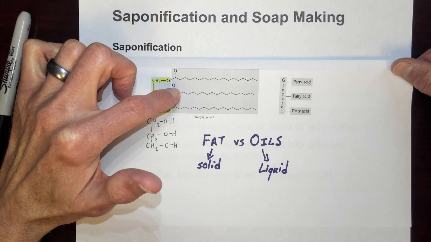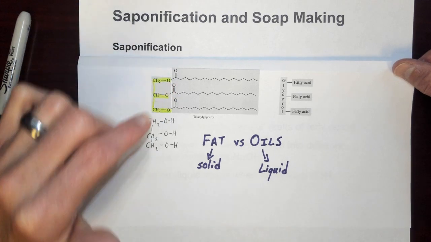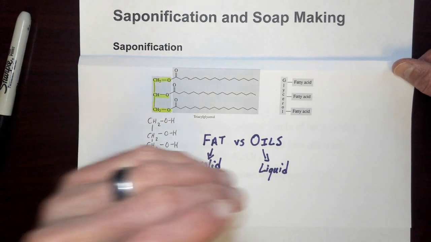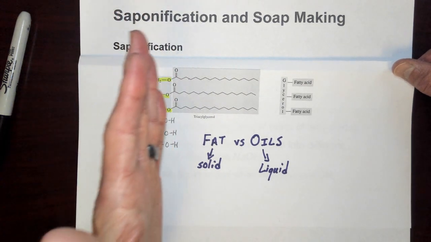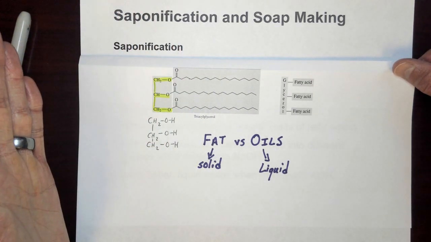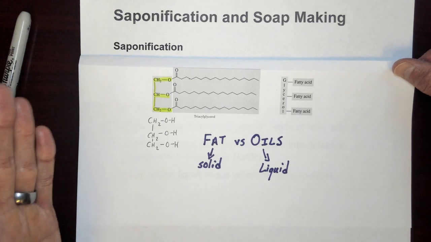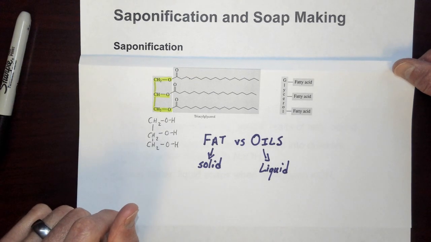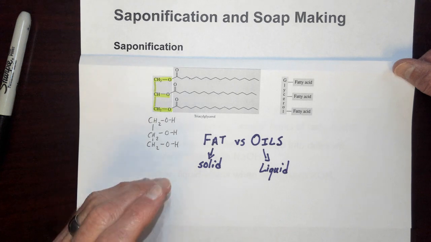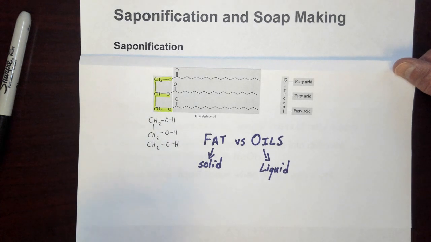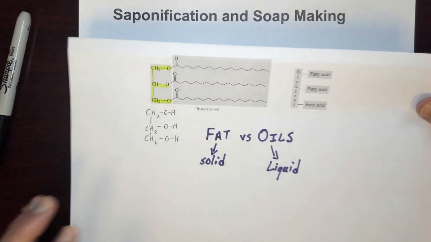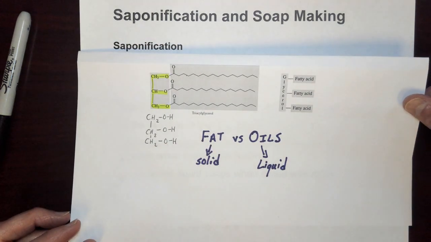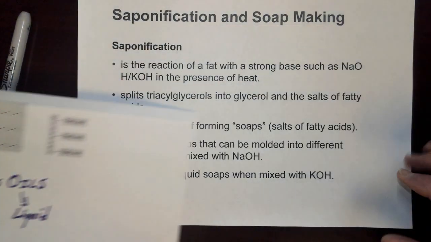okay, and it results in the retrieval of the glycerol. So we're going to break this and we're going to get our glycerol back, that trihydroxyalcohol, and we're going to get salts of the fatty acids. So we're going to get the carboxylate salt is what we would be getting there.